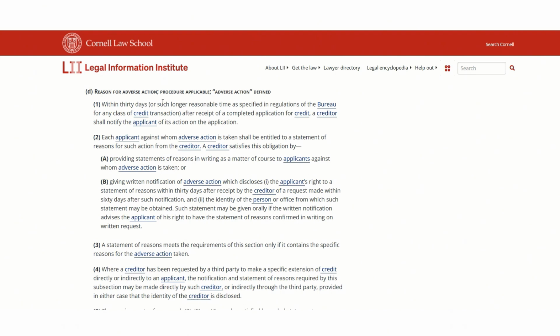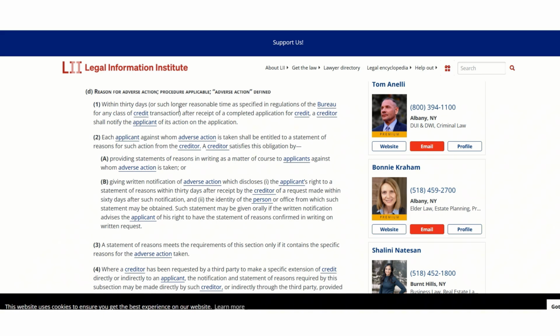All right, so within 30 days, right, or such longer reasonable time as specified in regulations of the Bureau for any class of credit transaction, after receipt of a completed application for credit, a creditor shall notify the applicant of its actions on the application.